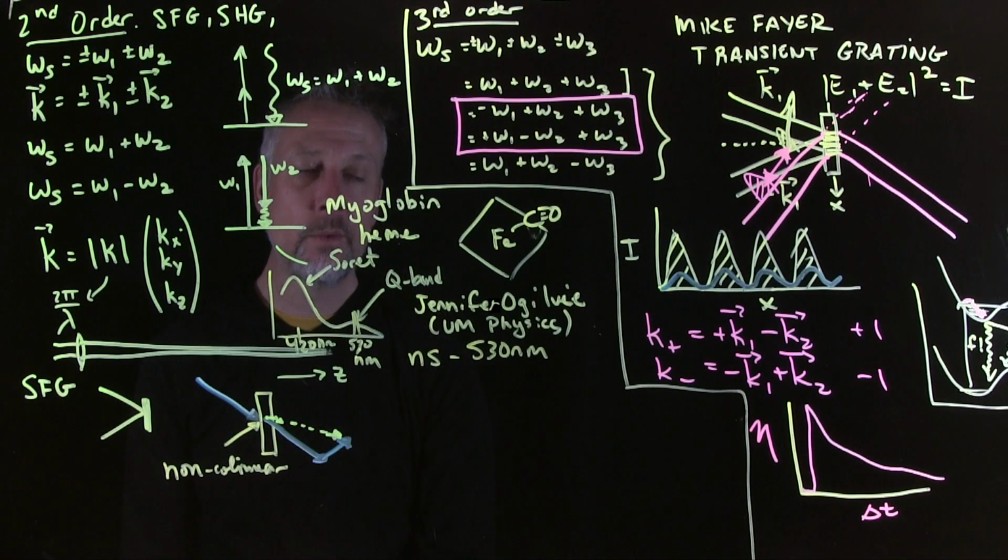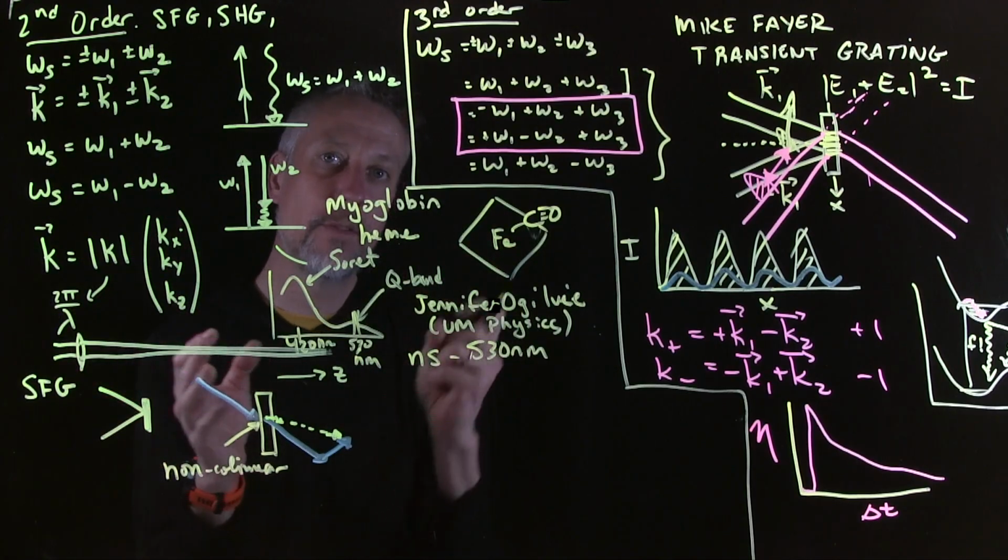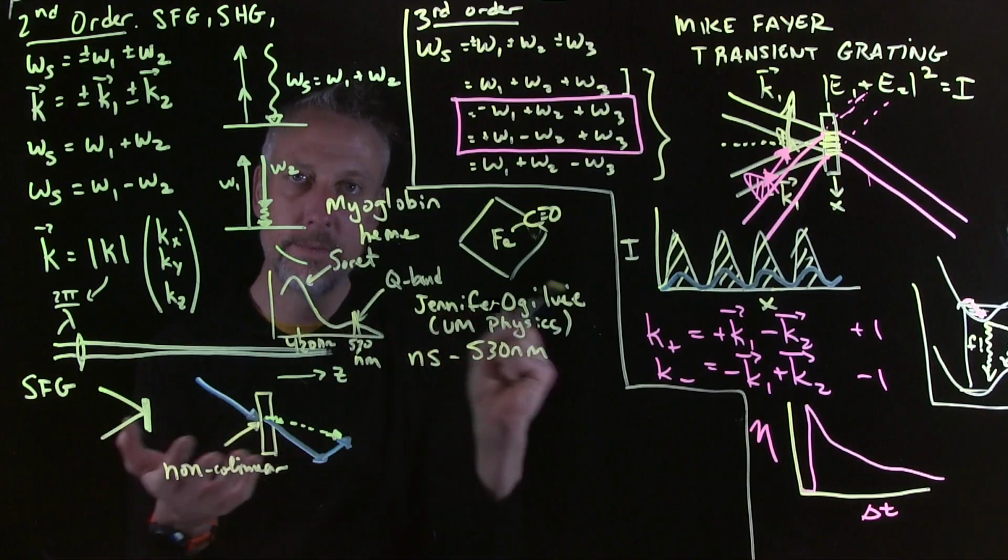And one of the things that's remarkable about heme proteins, first of all, myoglobin was the first protein whose structure was determined by X-ray crystallography. And one of the things that they realized immediately when they looked at the structure of myoglobin, everyone knew that it bound oxygen or carbon monoxide or other small ligands. But when they looked at the structure, there was no way, obviously, for the ligand to get in or out of the protein.